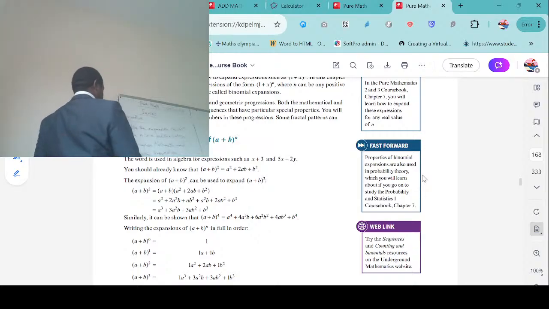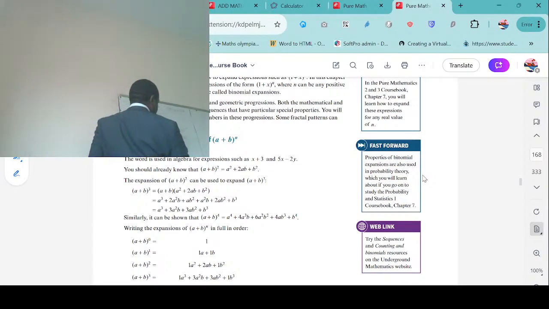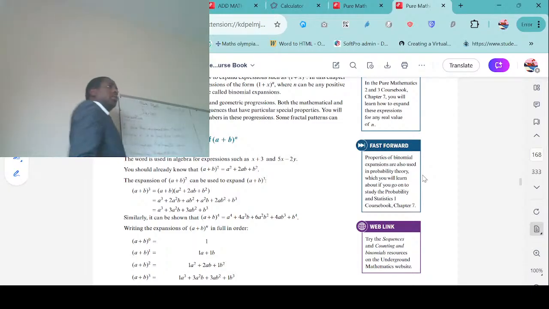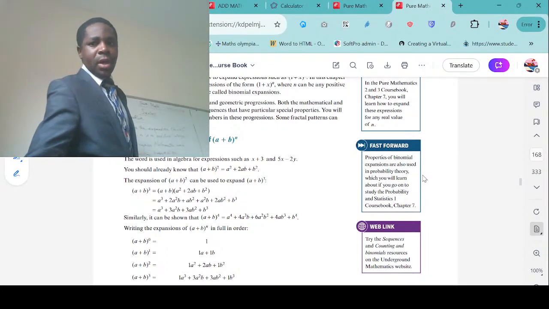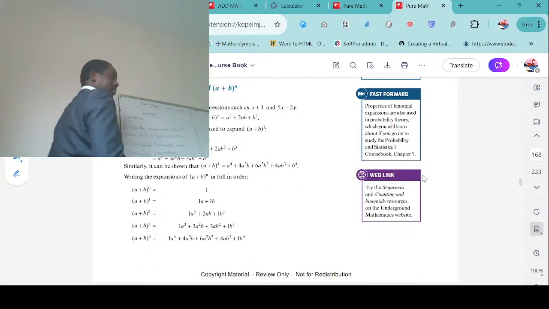Now, when you expand it to the power of 3, you're going to have a cubed plus 3a squared b plus 3ab squared plus b cubed. Now, how am I getting the expression without actually expanding it? I'm going to introduce you to what we call Pascal's triangle, and from it, generalize for any value of n.